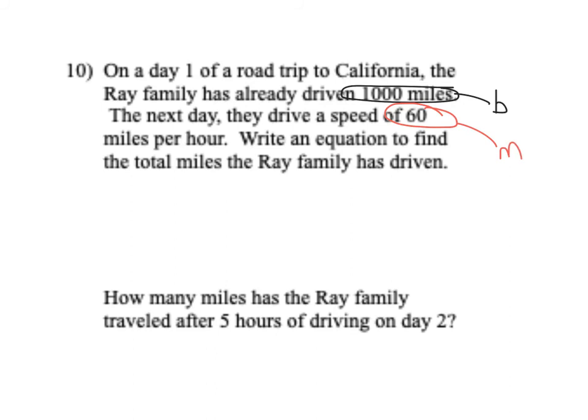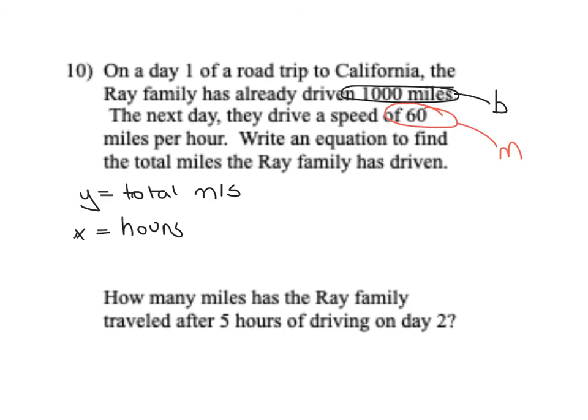It says write an equation to find the total miles the Ray family had driven. So the thing that we're trying to figure out, the total, is going to be what Y represents. So Y is the total miles. And X is going to be the part of the problem that leads to how many miles you have driven. So X is going to be the hours.